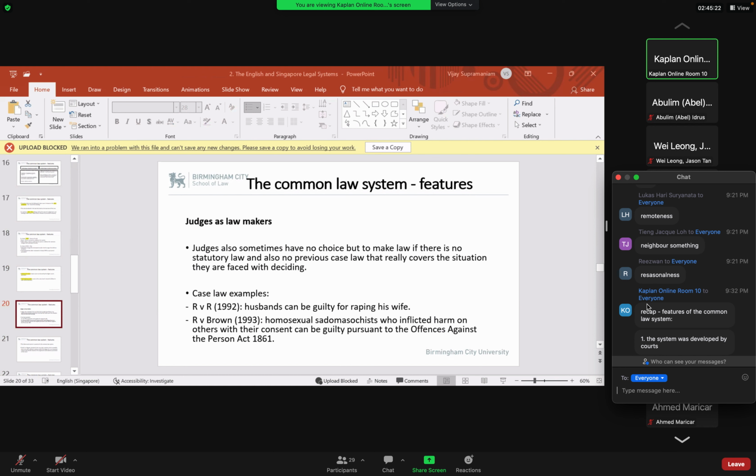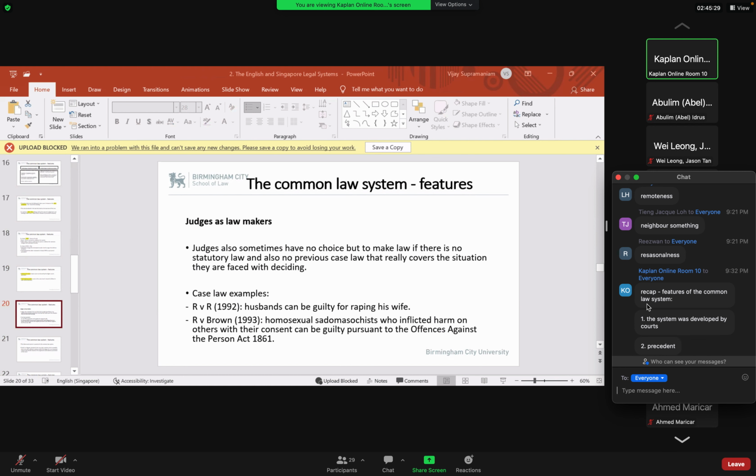Number 2, I explained that it is based on precedent, and we spoke about many things regarding precedent.